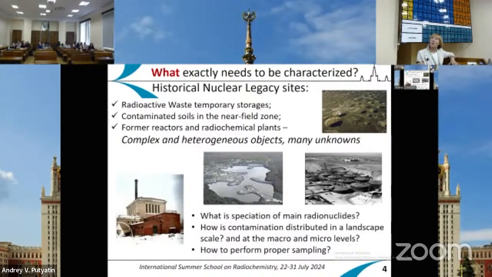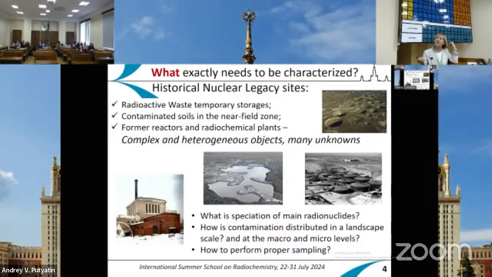Each of these objects is a complex, heterogeneous object, and we have very many unknowns about what kind of radionuclides, in what forms, what is the matrix, and so on. If we think about decommissioning and rehabilitation of this site, we need to know all these unknowns. So what is the speciation of the main radionuclides?